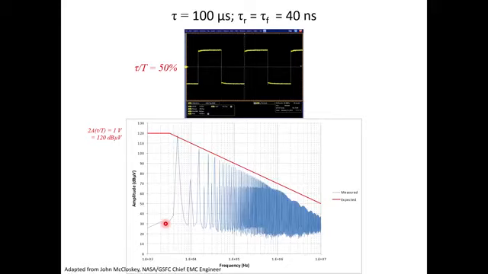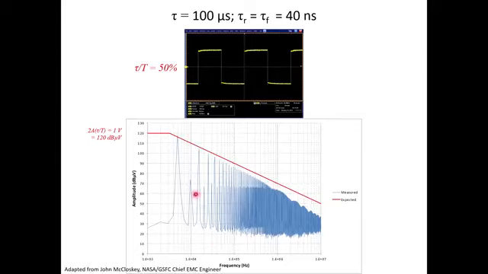And what you can see is exactly what he said. It's a 50% duty ratio waveform. It's not zero rise and fall time, but it's pretty small. Okay? And what you can see is exactly that above the fundamental it falls off as 1 over f, basically. Exactly what we would expect to see.